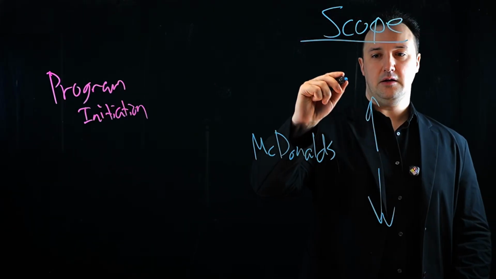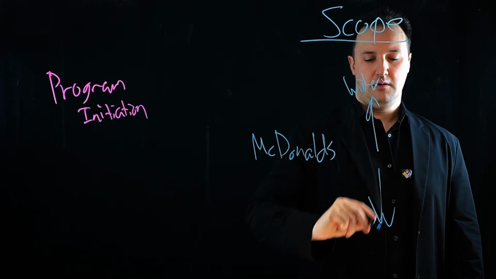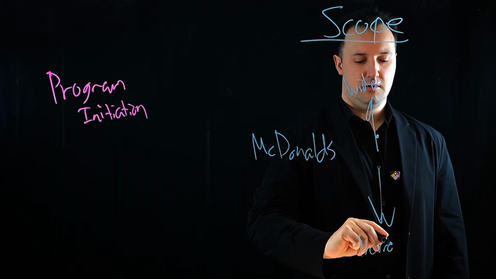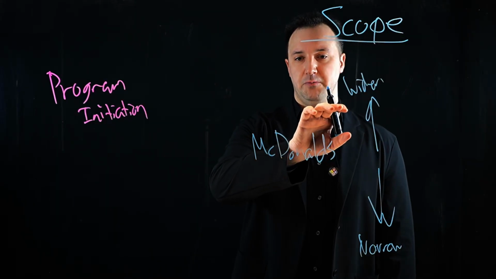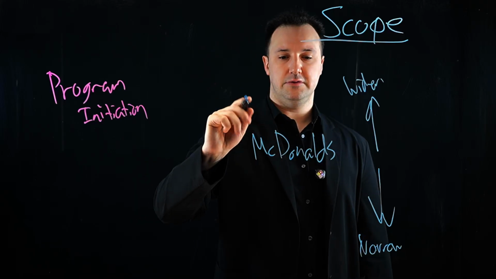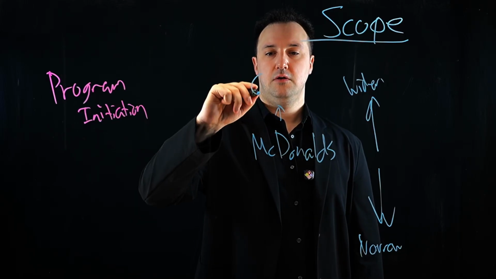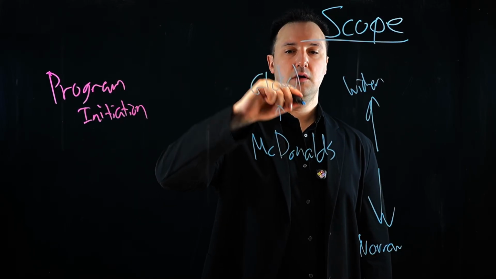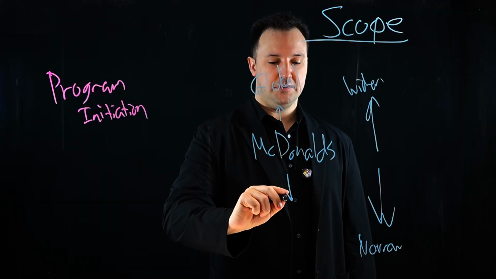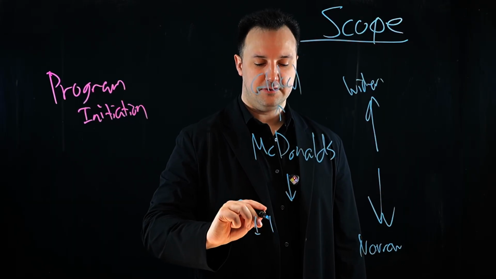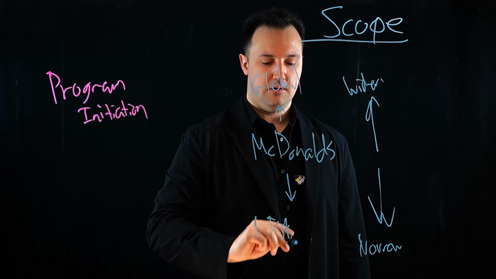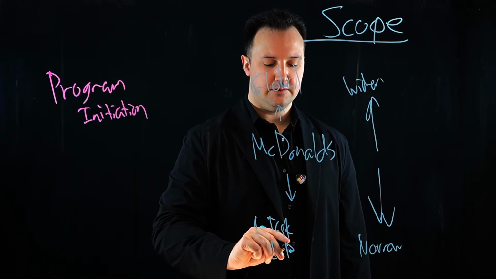As we're widening up here, and narrowing down there, the broadest scope of McDonald's possible would be McDonald's Global. The narrowest scope of McDonald's here would probably be one task that one employee does.